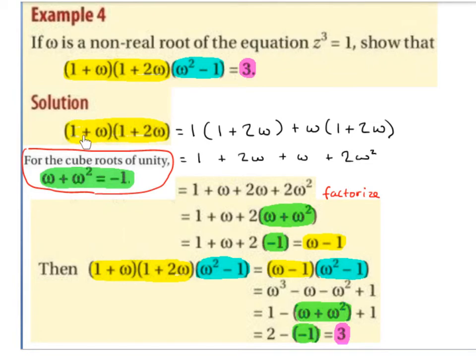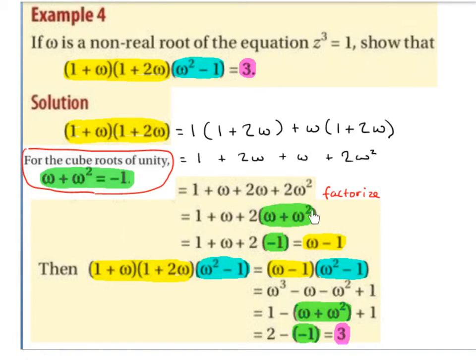We're going to break open this egg: 1 times 1 is 1, 1 times 2w is 2w, w times 1 is w, w times 2w is 2w squared. So we're going to rearrange them so that the 1 comes first, then we have w, then 2w, and then 2w squared. So we're going to factorize out the 2, so we have 2 times w plus w squared.